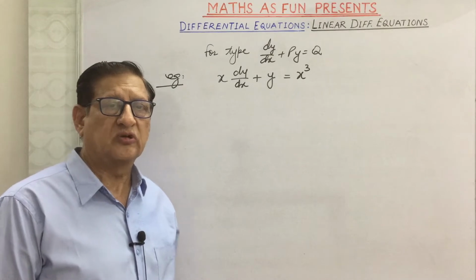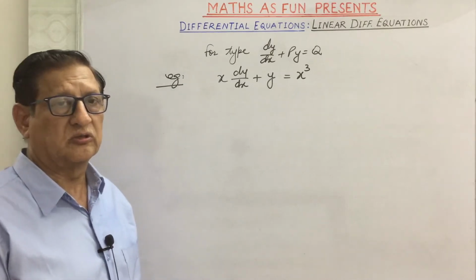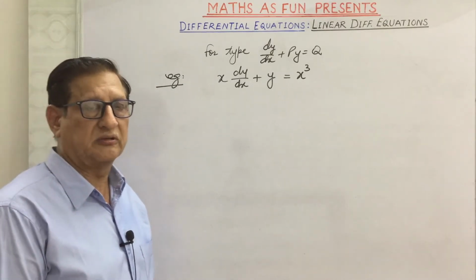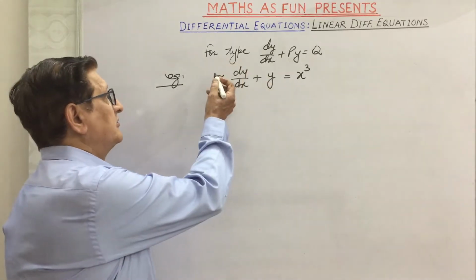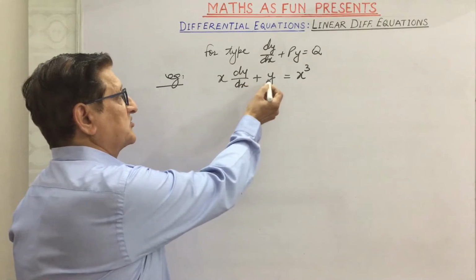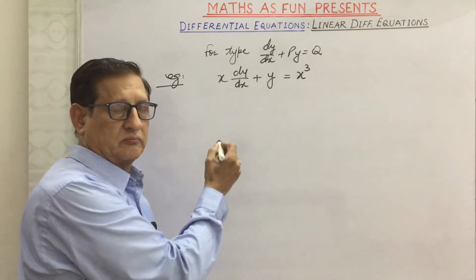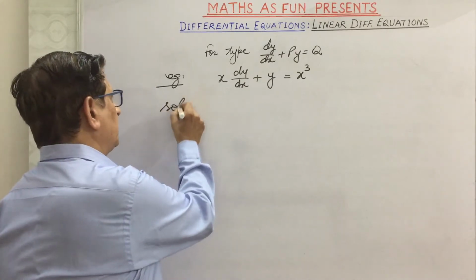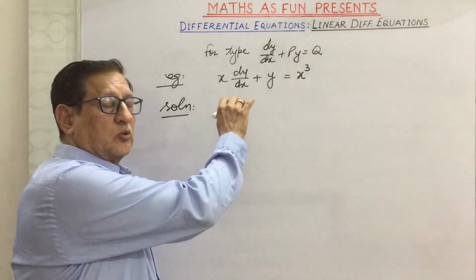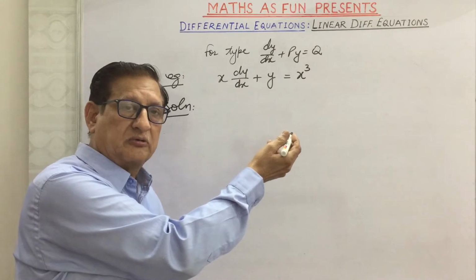Now we will discuss one of the problems to find out the solution of a linear differential equation of first order. That is, here x into dy by dx plus y equal to x cube. To find the solution of this problem, the first step is to convert into the standard form of the linear equation.